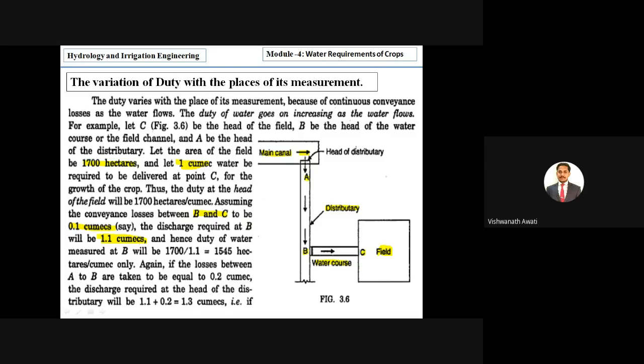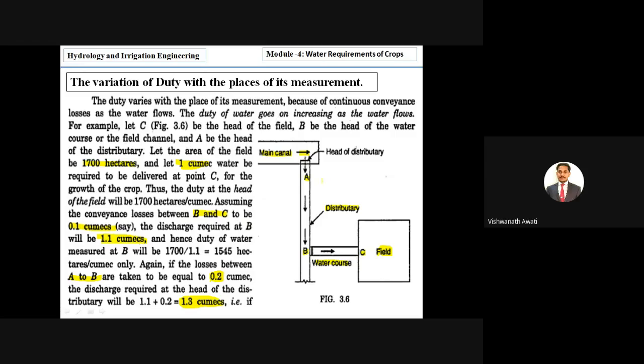Then again from A to B, considering 0.2 in total, we find two losses from A to B, so a total of 1.3 cumec of water is required. When you release 1.3 cumec of water from the main canal, we will get 1 cumec of water for the field. That is the variation of duty with the places of its measurement.